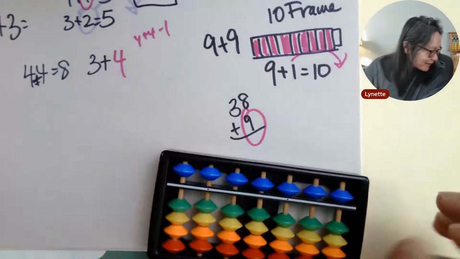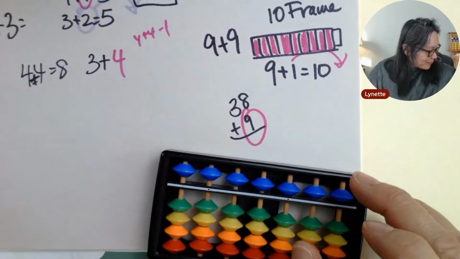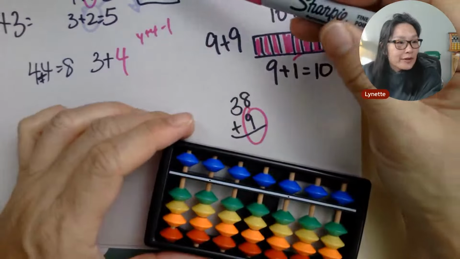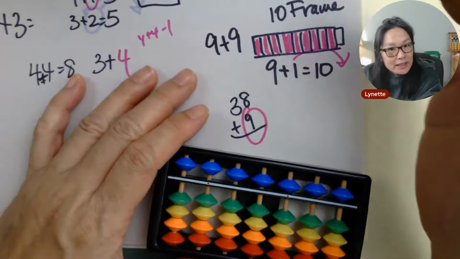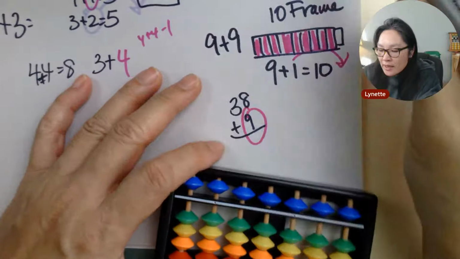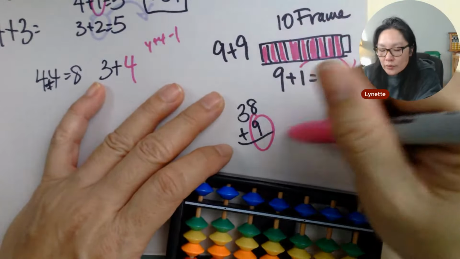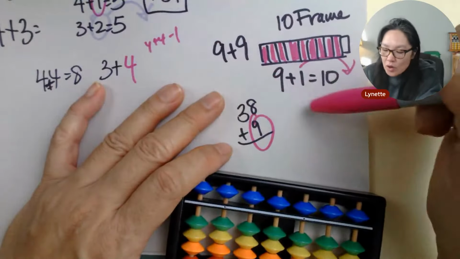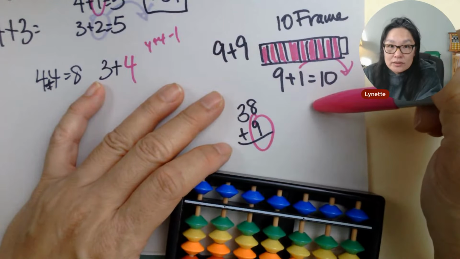So, going back, that is about learning the 5 frame and the 10 frame, and that is being taught in level 1. Doing this also provides analytical skills, right?